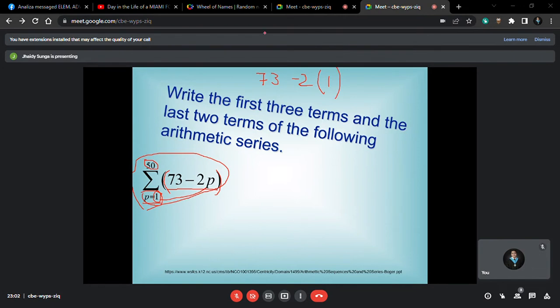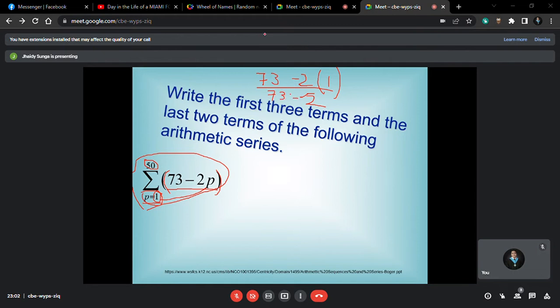So it will be 73 minus 2 times 1. If we multiply 2 by 1, it will be 2, only 2. I'm so sorry, pardon my writing. So if we subtract, what will be left? 73 minus 2.